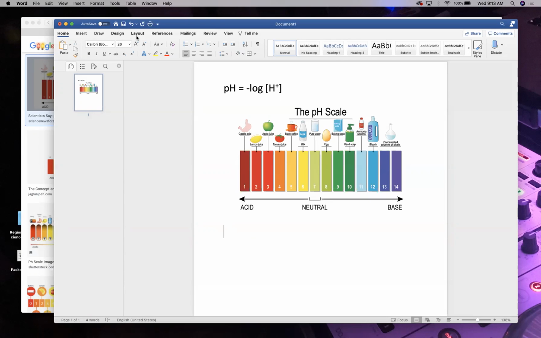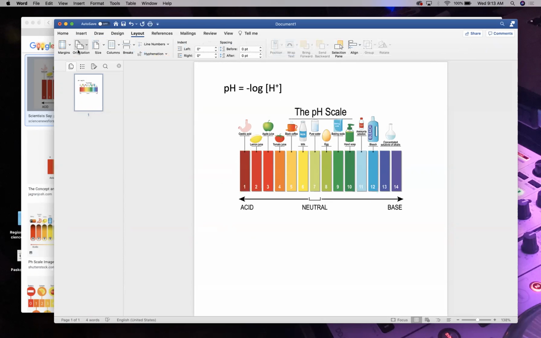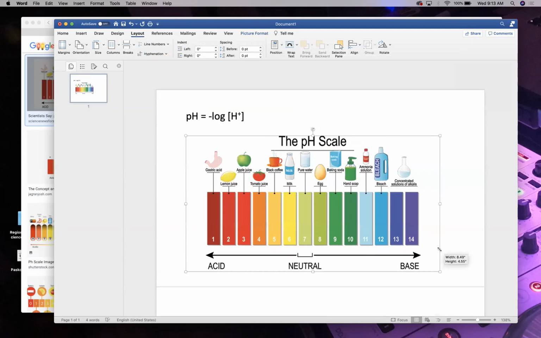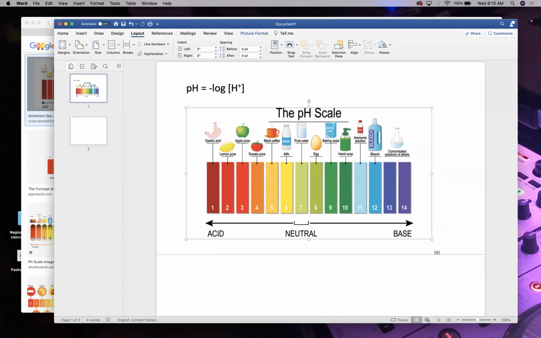Let's fix this layout so we can get a bigger view of this. There you go. Okay, let me start writing down here. So when you're looking at this scale, 7 is neutral, and if it's acidic, it's going to have lots of hydrogen ion.